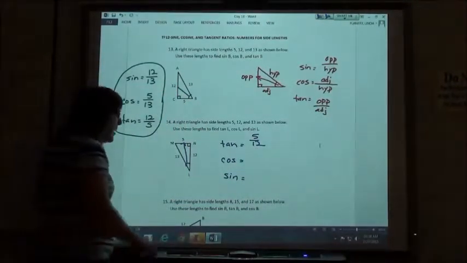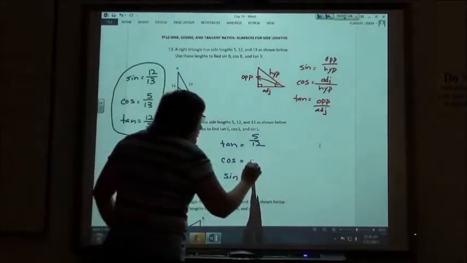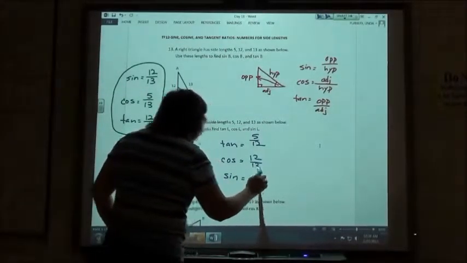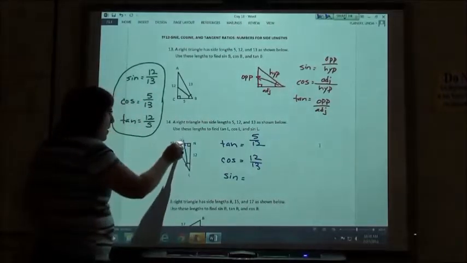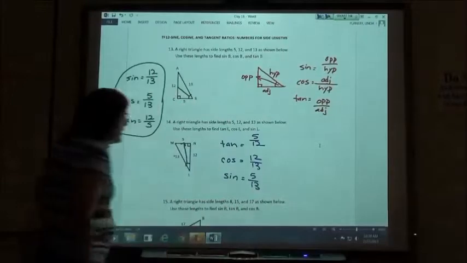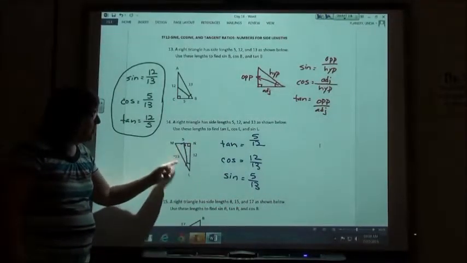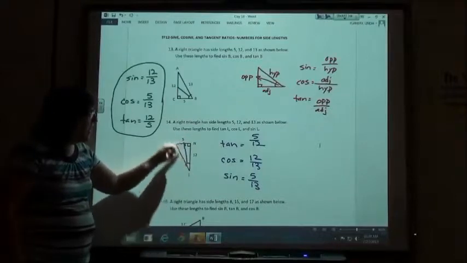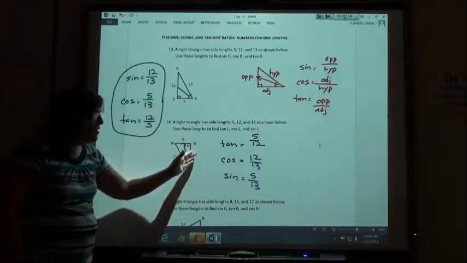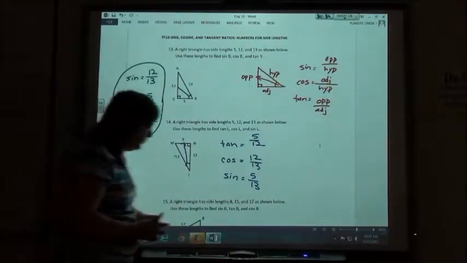My cosine is going to be my adjacent side over my hypotenuse, so 12 over 13. My sine, opposite over hypotenuse, 5 over 13. So the hypotenuse is always opposite the right angle. The opposite is opposite the angle you're next to, and the adjacent should be that other side that's right next to that angle when you're looking.